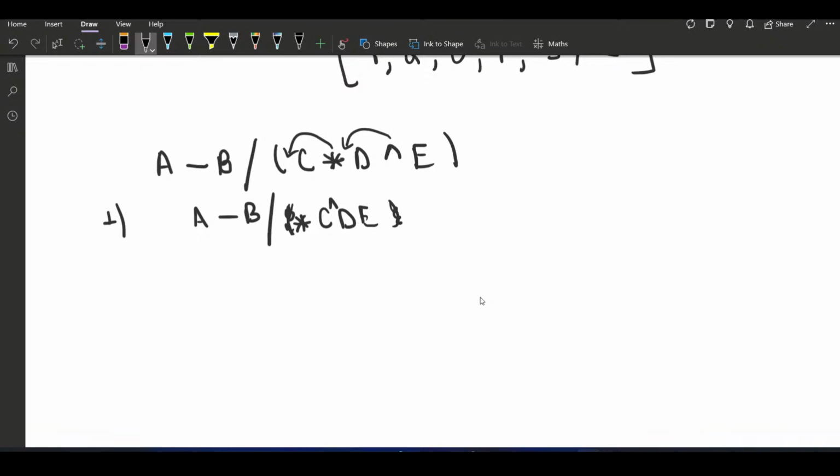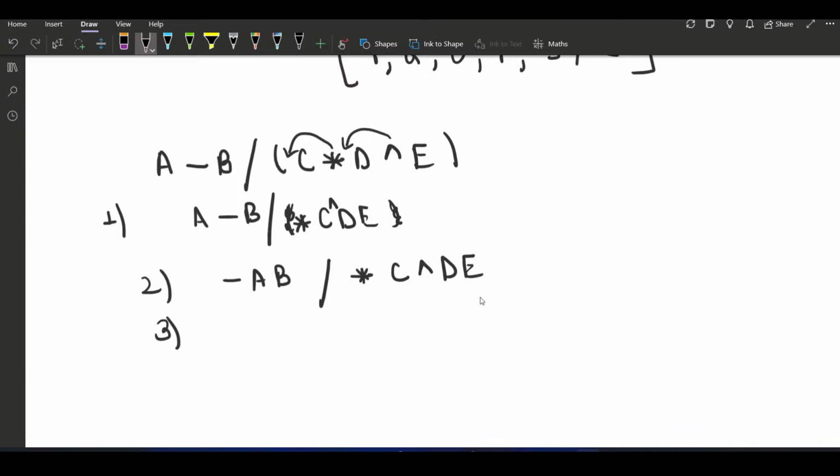So here let me solve this first part. It will be minus of AB, and then the third position will be left with asterisk D E. So this is what is left that we have to perform. This is the second step.